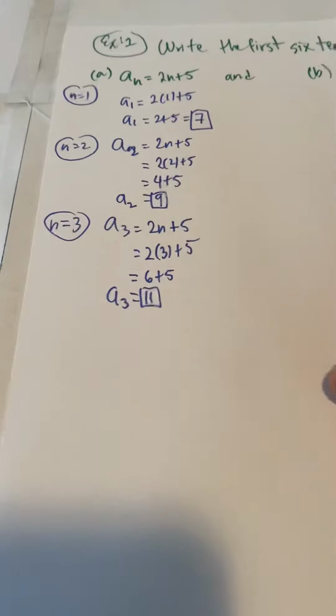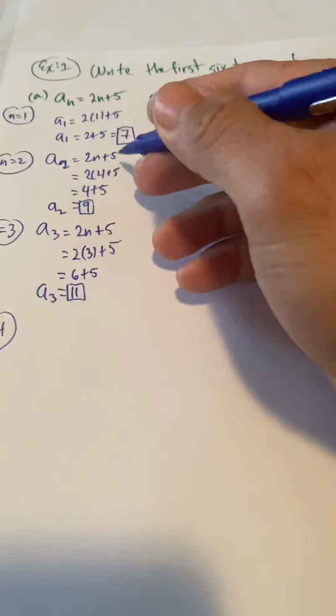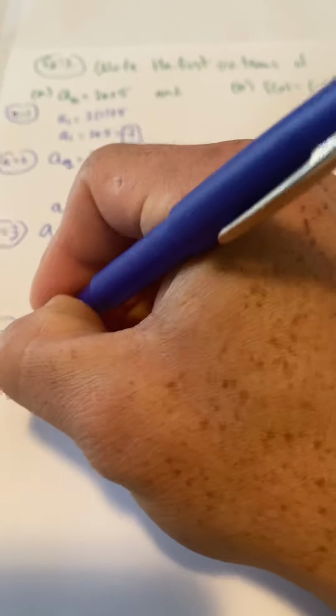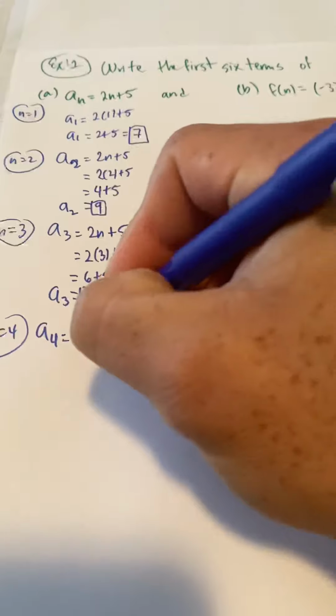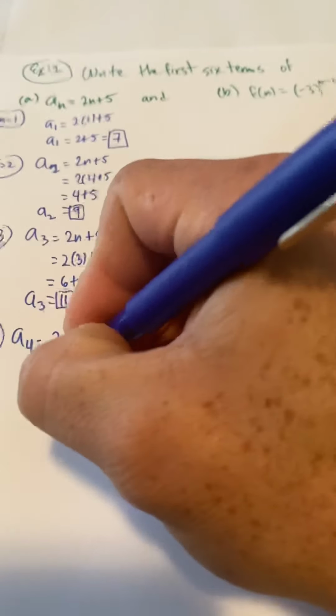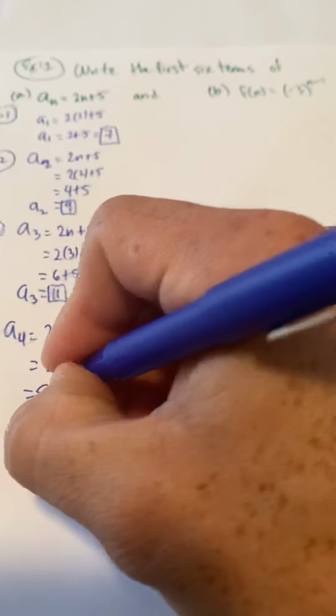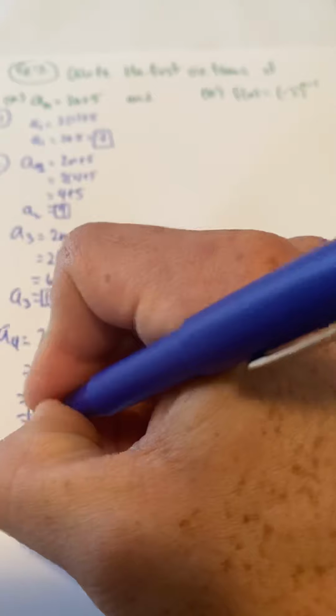All right, hopefully you've got the hang of this already. You can already start noticing the little pattern: 7, 9, 11. What do you think the next one is going to be? Yep, you guessed it. It's going to be 2 times 4 plus 5, which is equal to 8 plus 5, 13.